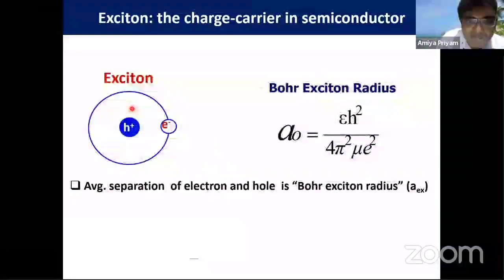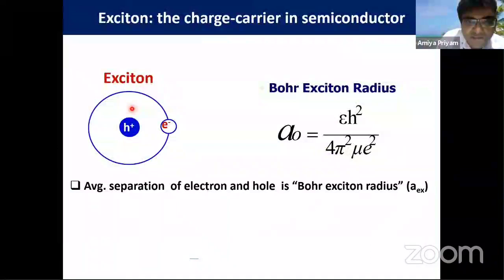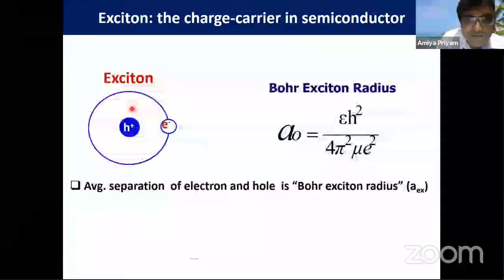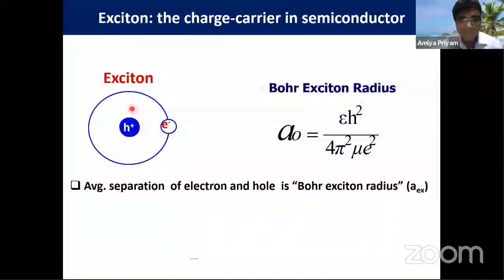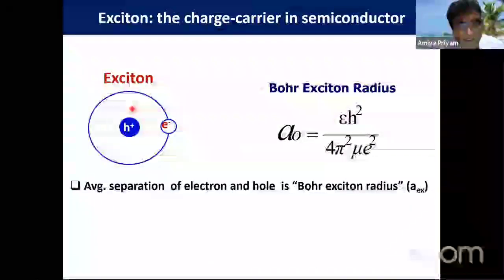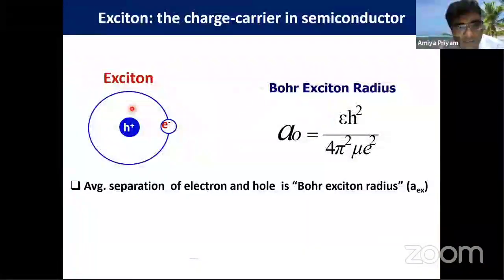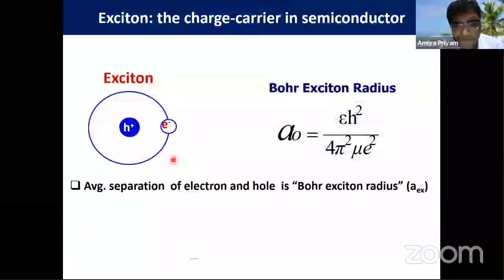The positive charge that was the proton is replaced by a hole, and this becomes your exciton. This is a system that is generated upon excitation. When light is absorbed by the semiconductor, this electron hole pair is generated, and this is the charge carrier which moves throughout the crystal.